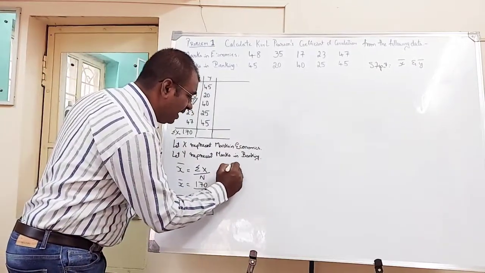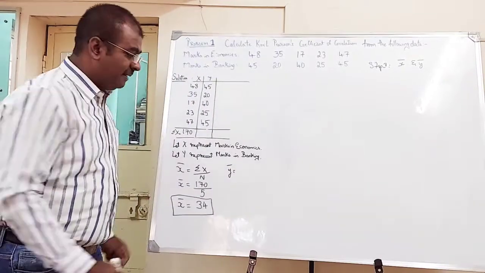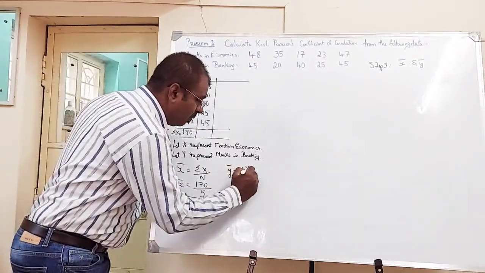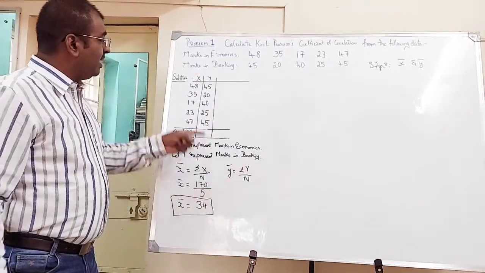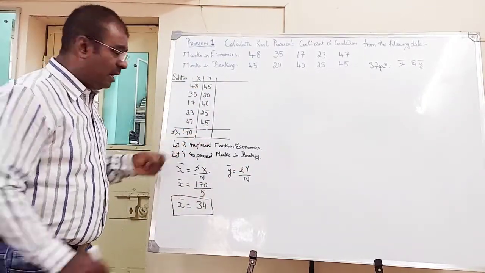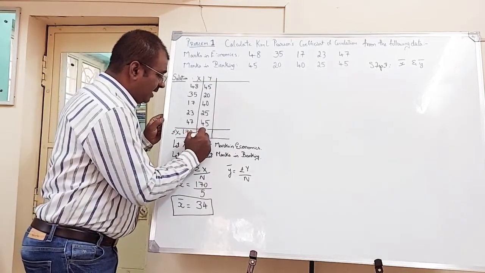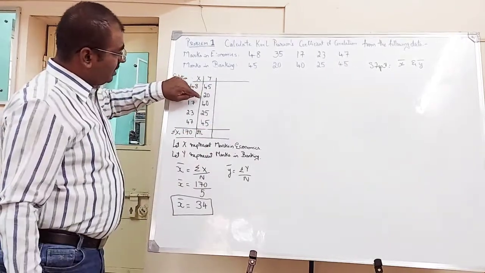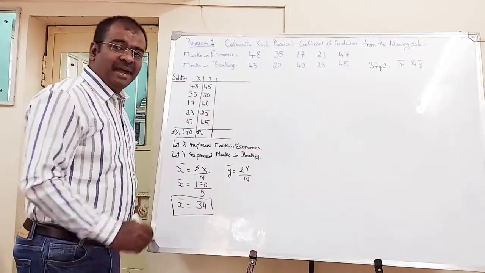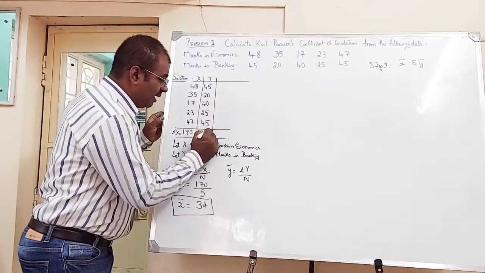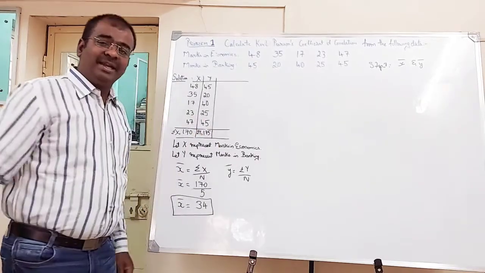Similarly, let us find out the value of y bar, which is sigma y divided by n. And we know sigma y is nothing but the total of y. So sigma y here is equal to 40, 60, 100, 120, 160, 170, 175. So sigma y is equal to 175.